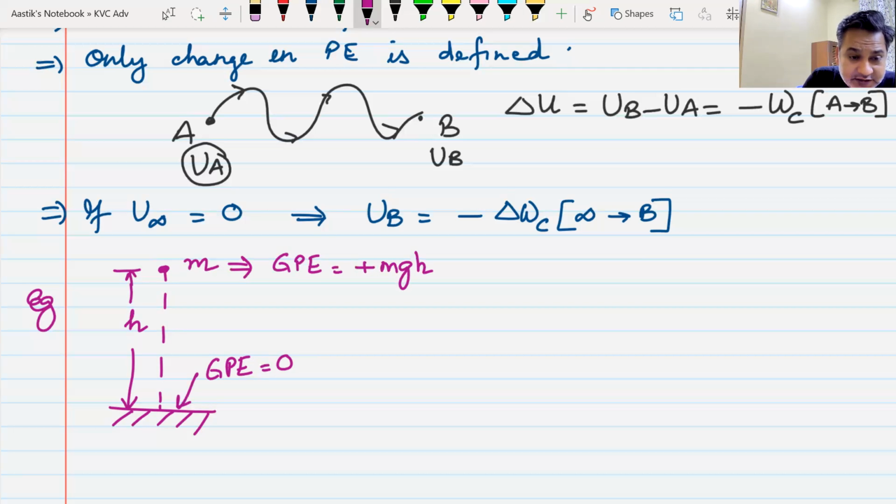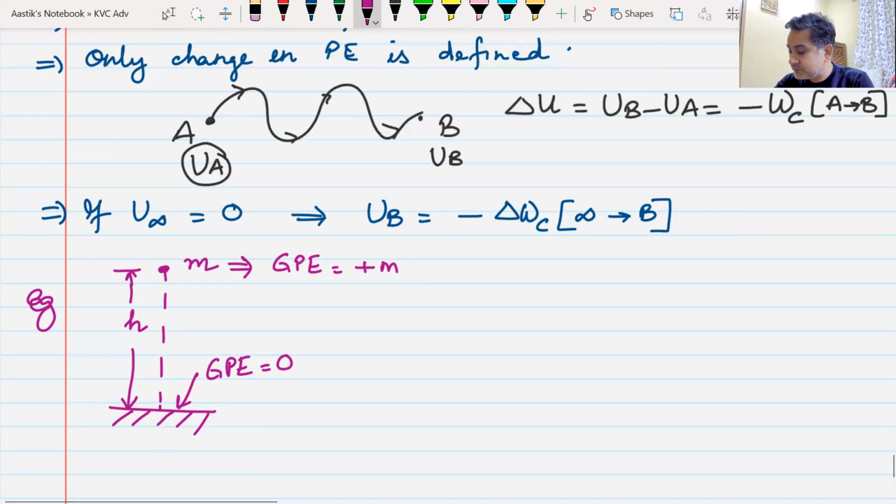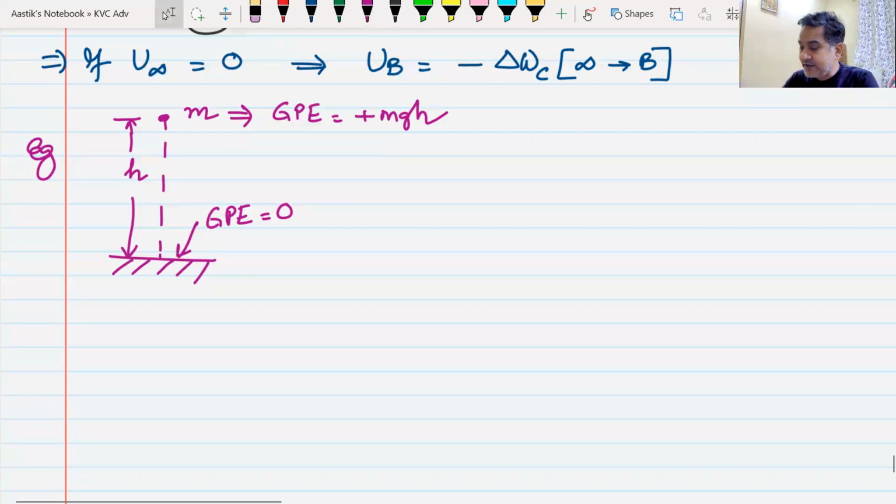Yes, sir. Since infinity is very far off and we don't know what happens at infinity, in this particular chapter we take the energy of the ground as zero. Anything above ground will have positive potential energy, and anything below it will have negative.